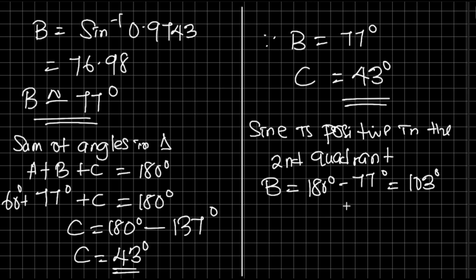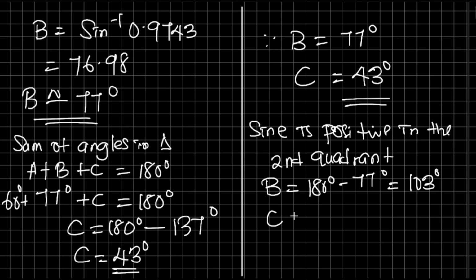And the other one, C, can also be what? Using 180 minus 60 minus that, we can also get the value of C as 17.